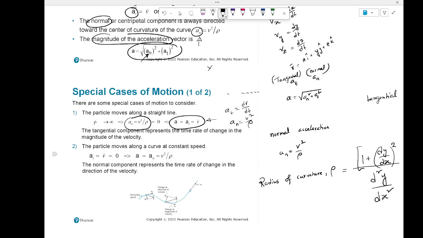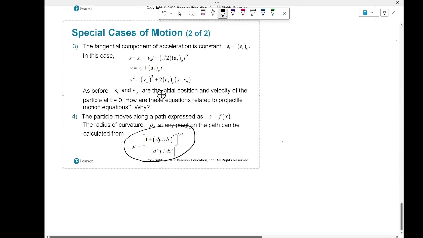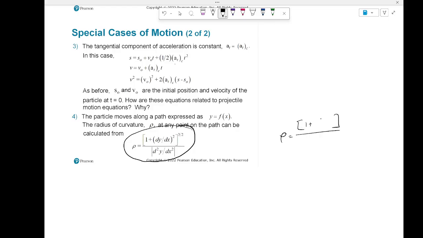And this rho has another equation. So rho equals, in the numerator, we have (1 plus (dy/dx) squared).